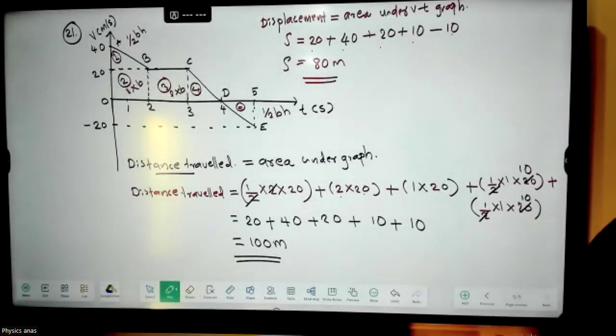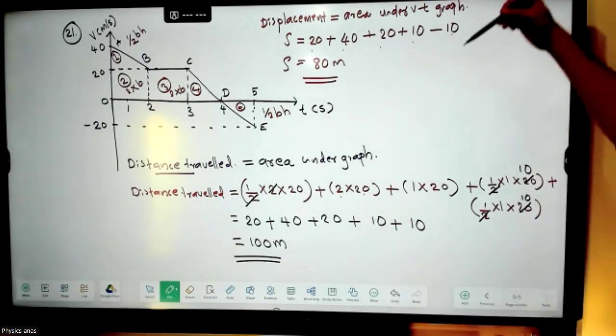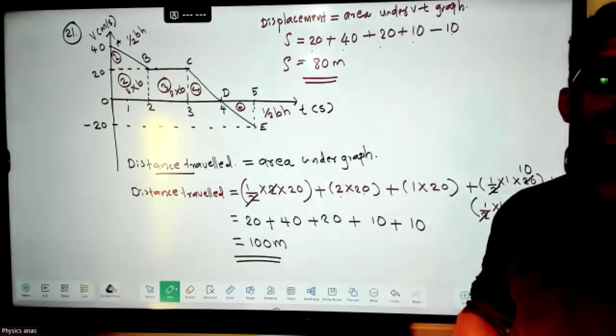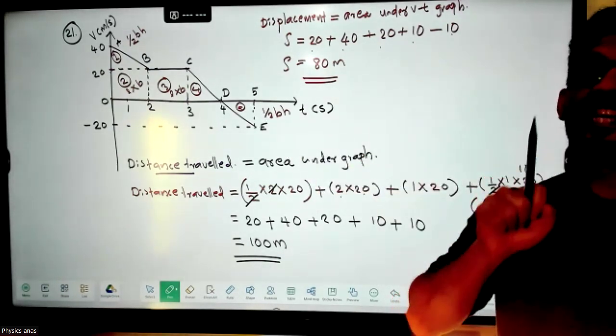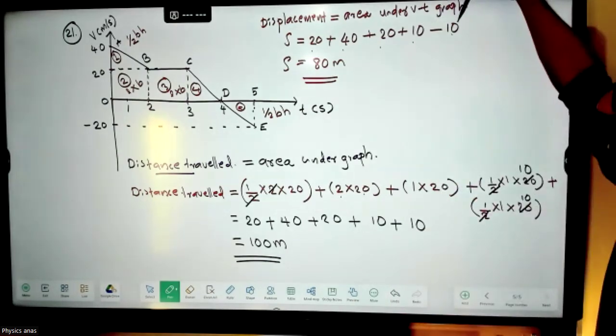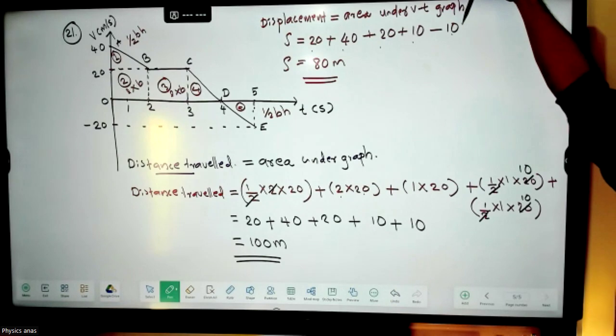Did you get it? Yeah. That's minus 20, this one. The area here represents negative displacement. So we have to take it as negative. Where is minus 20?